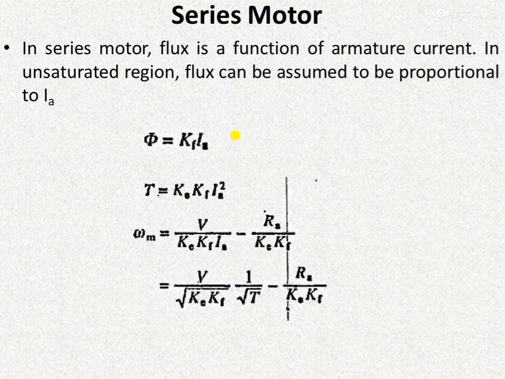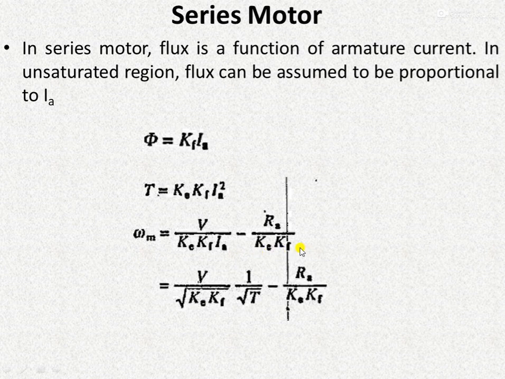In equation number 4, instead of the term T, we have also made the substitution Ke Kf into Ia square. So from the numerator and denominator, the Ia square terms get cancelled, and finally we obtain the modified form of equation 4 in the case of DC series motor in this particular form.